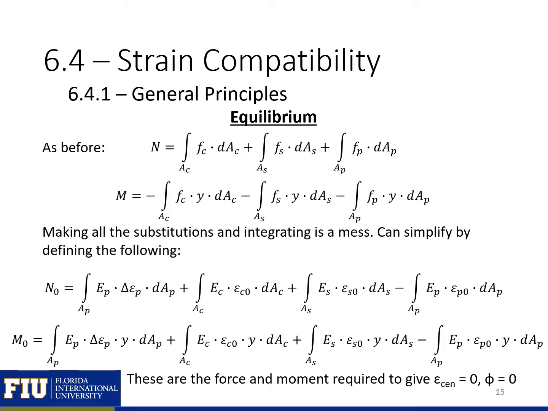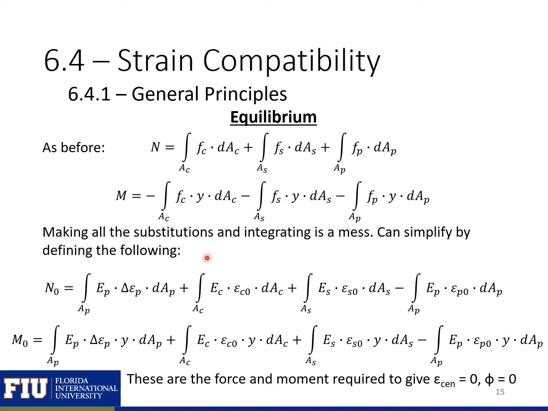As before, we can use our equilibrium equations, where our axial load is equal to essentially our stress times our area in our concrete, our steel, and our pre-stressing, keeping it as an integral to make it more general. We can do the same thing for our moment as we did before, where we're integrating again, but essentially we have our stress times our area times a lever arm component y.